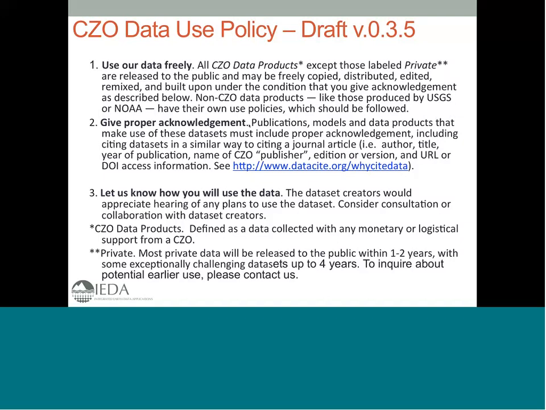And then lastly, we have a clause about letting us know how you will use your data. This is really just a courtesy. There's nothing really strongly worded there. But we, as CZOs, are interested in knowing how our CZOs are benefiting the community. So that's just a secondary clause.